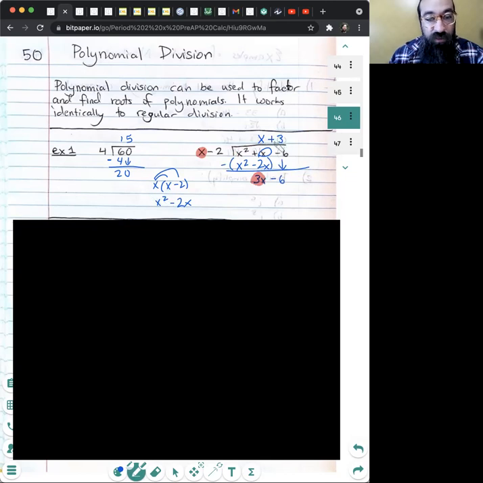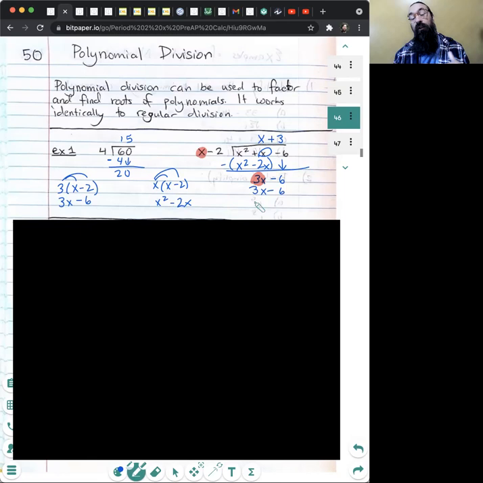Same thing. I'm going to write this 3 down on the side and do some scratch work: 3 times x minus 2. And we're going to distribute that, 3x minus 6. I'm going to write 3x minus 6.